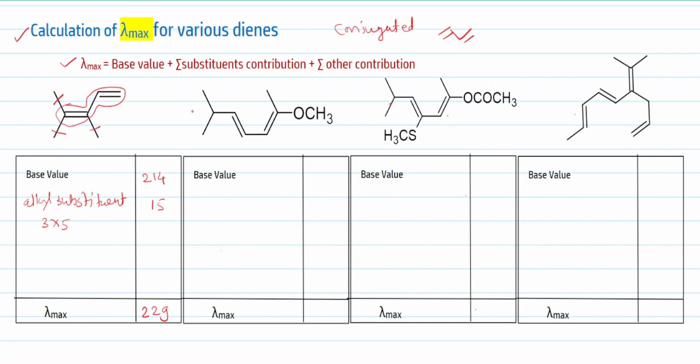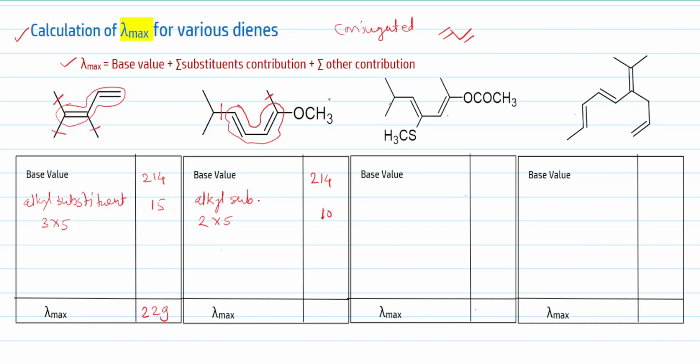Then the second compound: first we have to identify the basic skeleton, that is the parent diene. The parent diene extends from this carbon to this carbon. Here there is no extra conjugation on this carbon, and this is an acyclic diene, so the base value is 214 nanometer. Then this is an alkyl substituent, and this is the second alkyl substituent, so 2 into 5 is equal to 10.